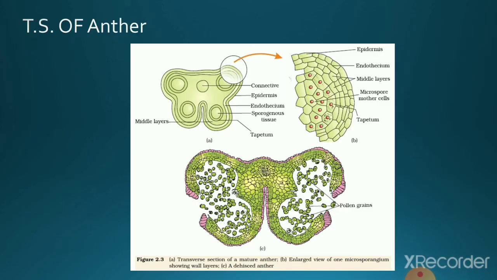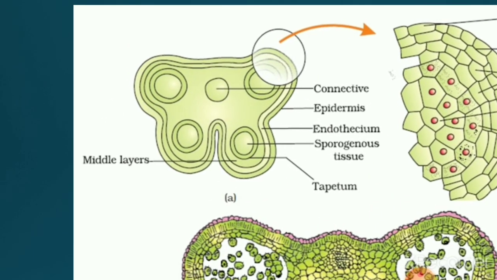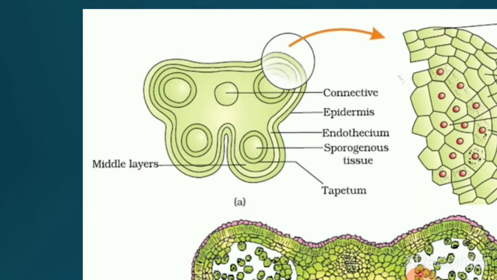Now, this is the internal structure of a mature anther. The first diagram is showing the generalized structure of a mature anther, in which you can see in the center there is a connective.